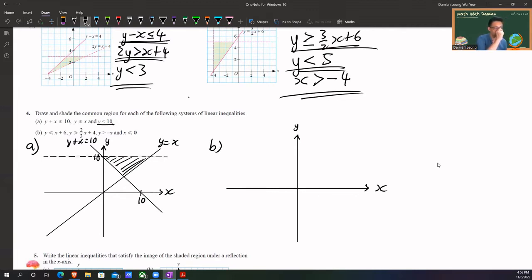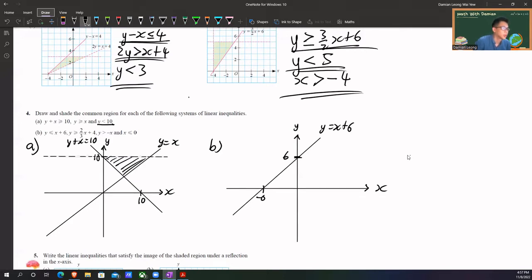So y-intercept is 6, and the x-intercept will be when y is 0, 0 equals x plus 6, x will be negative 6. So it's negative 6 until 6. So it will be a diagonal line like this. Negative 6, 6. This is your y equals x plus 6.